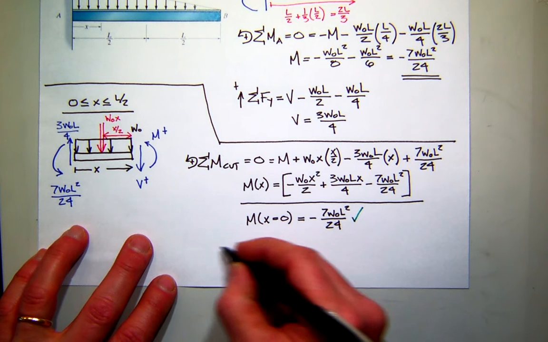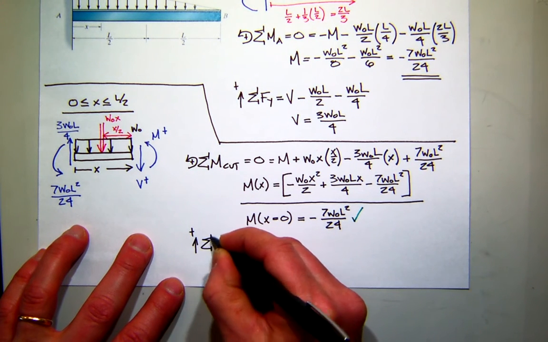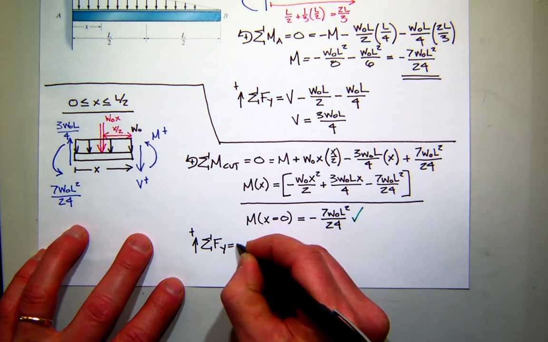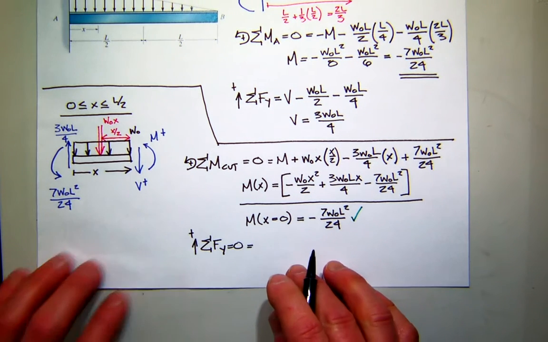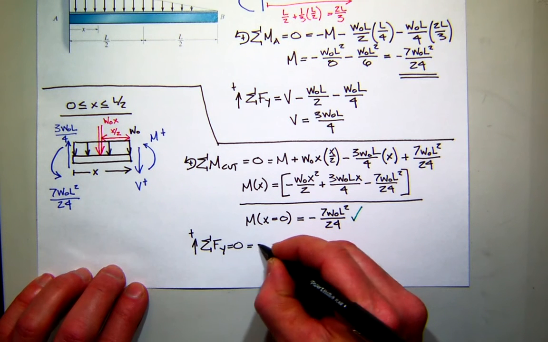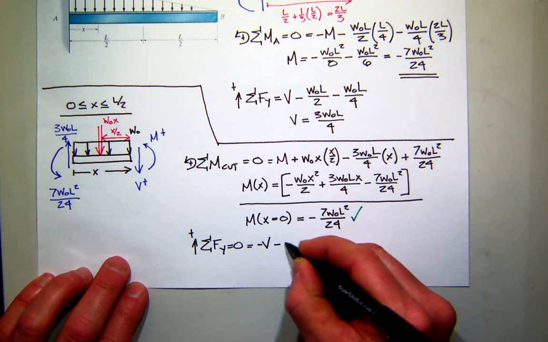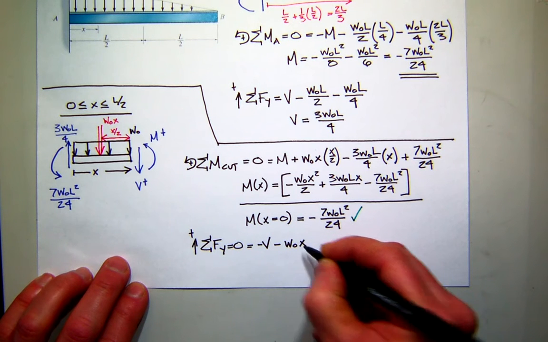The last little bit we can do here would be to sum the forces in the y direction. So looking at our free body diagram, we have shear, and it's acting down, so that's negative. Our applied force is acting down, W naught x.